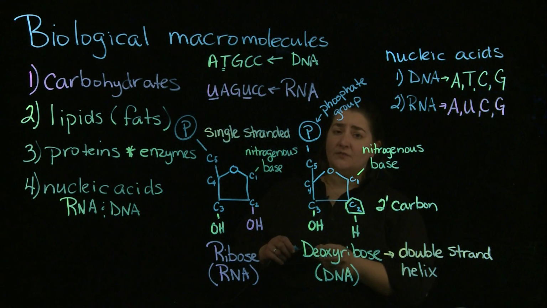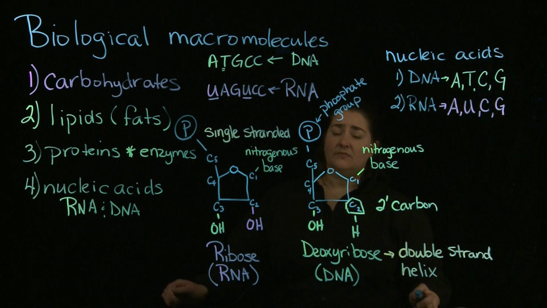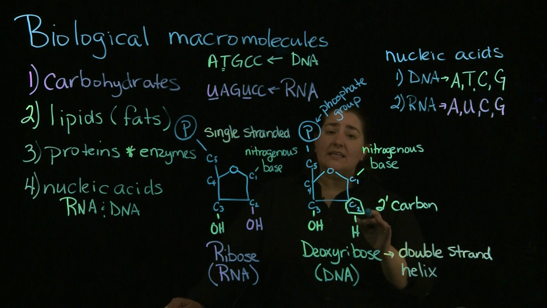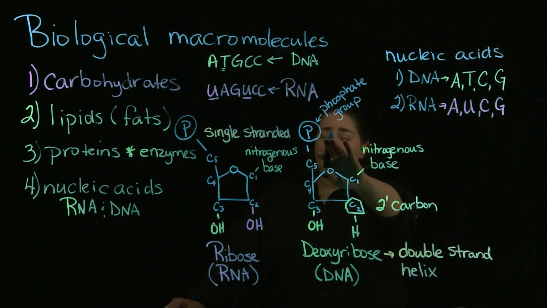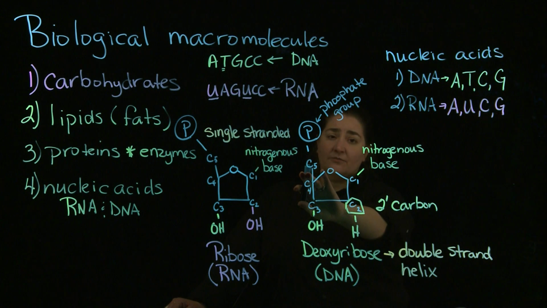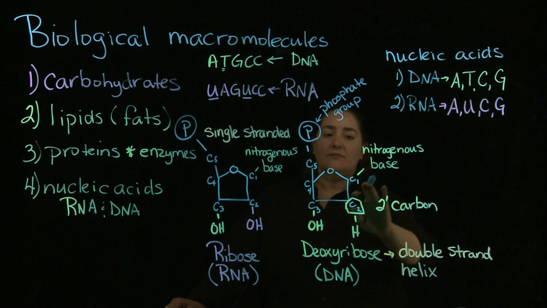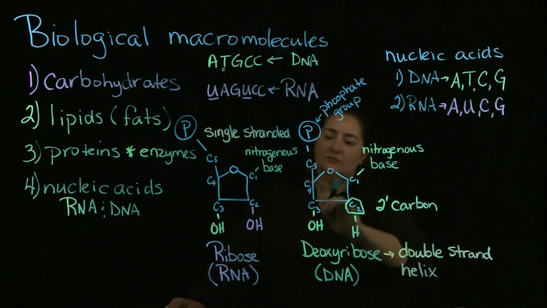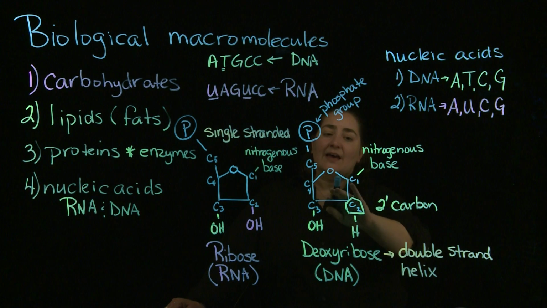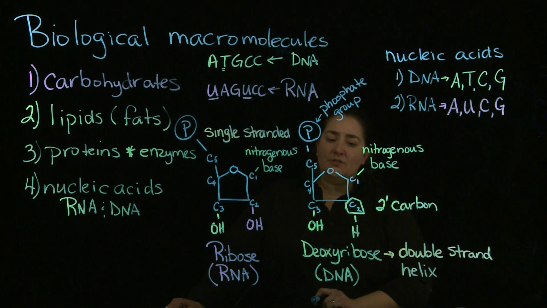You're going to have a phosphate group associated with RNA. What's key with the organization of DNA and RNA is that the phosphate group is always attached to the 5' carbon. The nitrogenous base is always attached to the 1' carbon, so those are important carbons to look for.